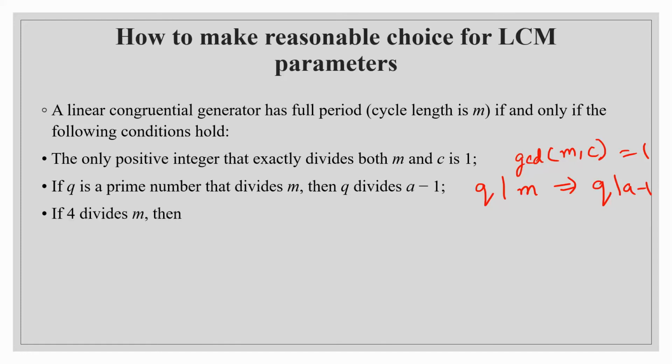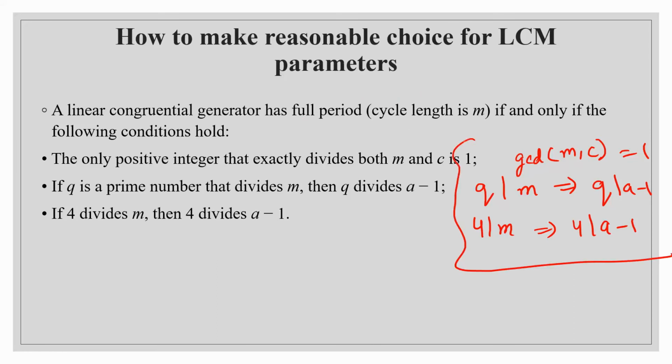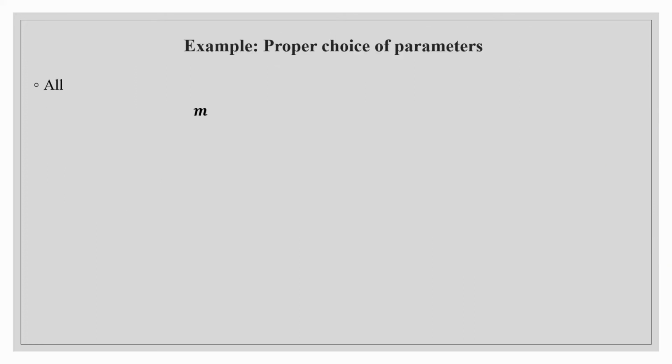And the third condition is if 4 divides m, then 4 should also divide a minus 1. If all these three conditions are satisfied, we can say that the linear congruential generator will have the full cycle length. Now let us see one example that fulfills all these three conditions.